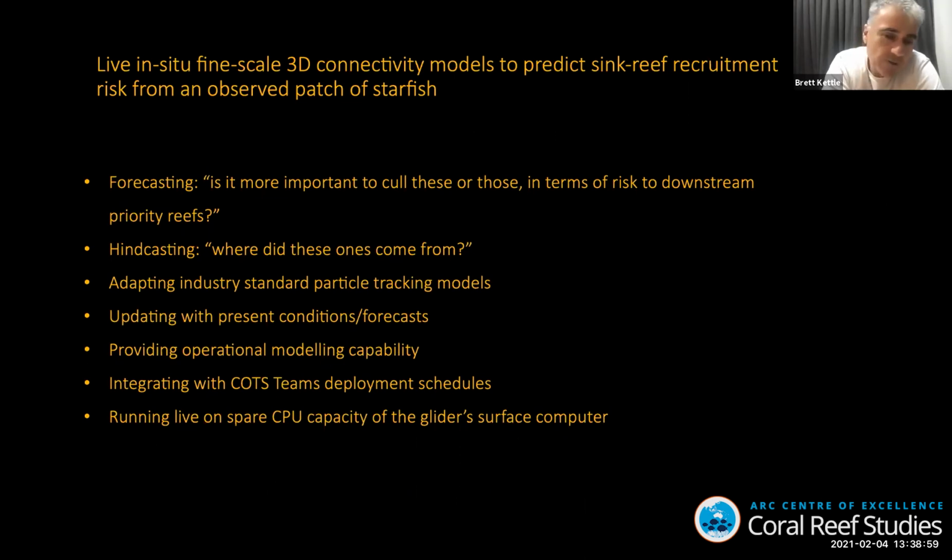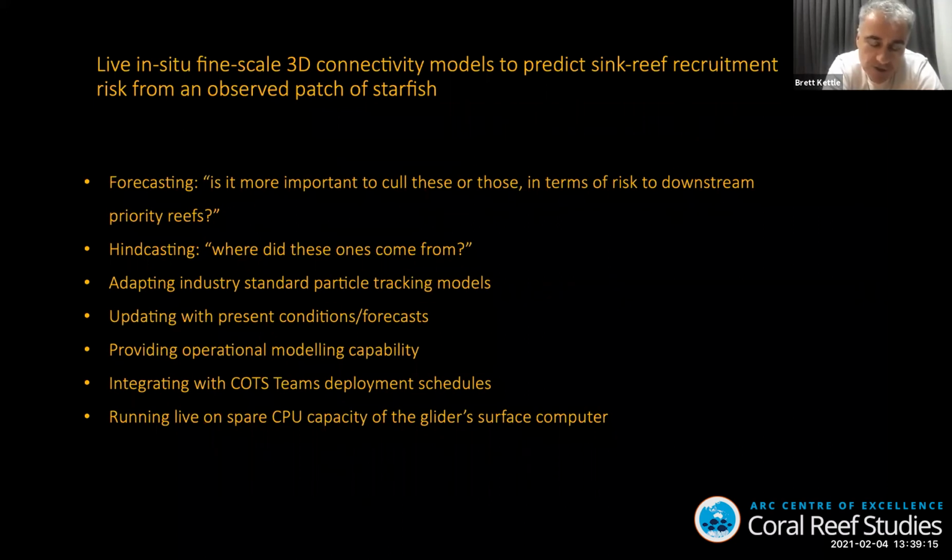Queensland Water Police, for example, have been using these models for 11 years in an operational sense every time someone's lost at sea.